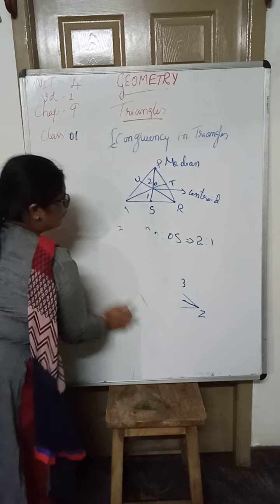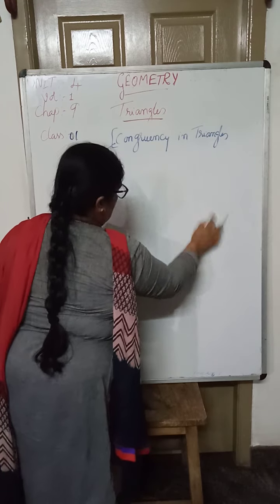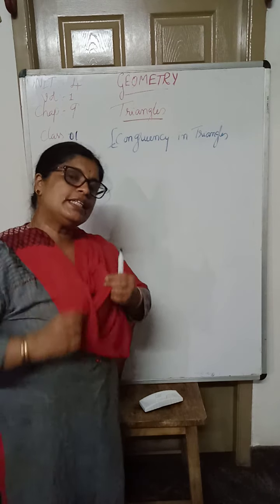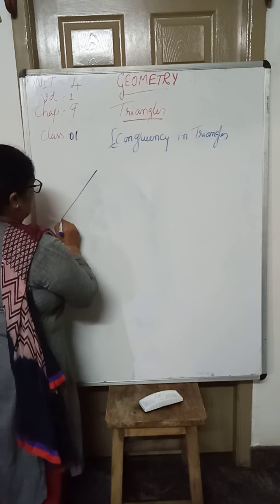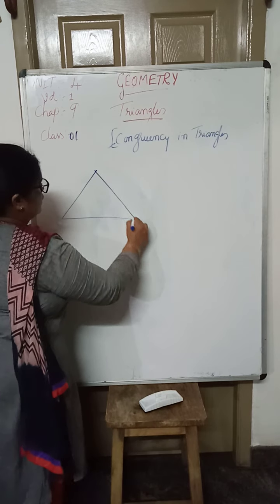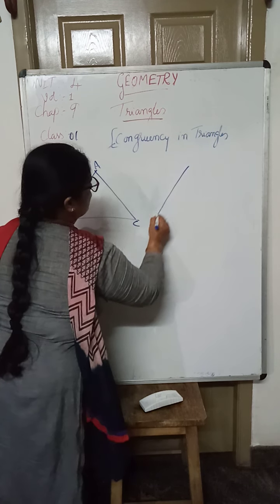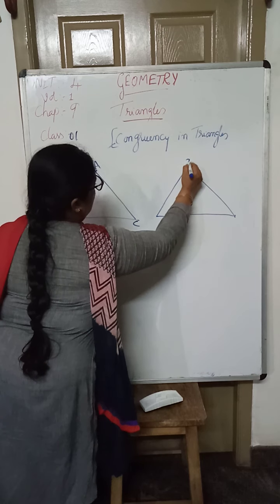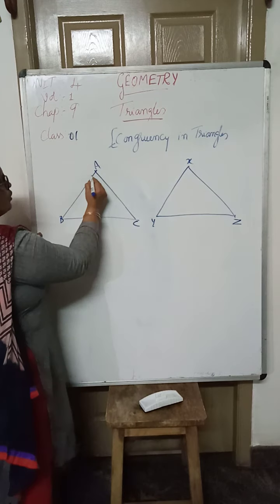Children, till now we learnt about the different types of triangles, and related to triangles we came across the median and altitude. Now let me take two triangles: one is ABC, another one is XYZ. Children, please observe carefully.